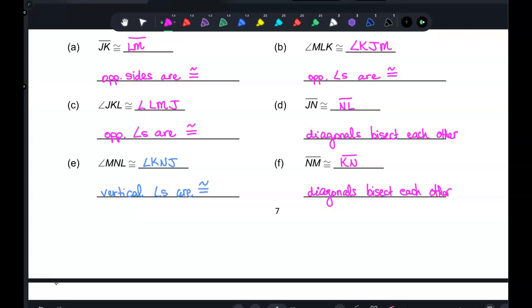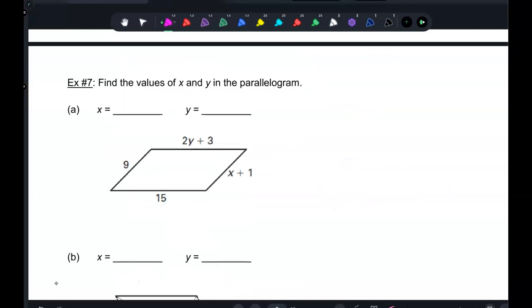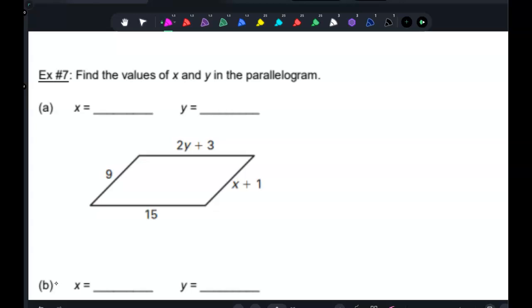Oh, this one's so easy. The next page? We did this before, right? We didn't do it with parallelograms yet, but you just go across from it. So we have to find the values of x and y in the parallelogram. That means 9 has to be the same as x plus 1, right?